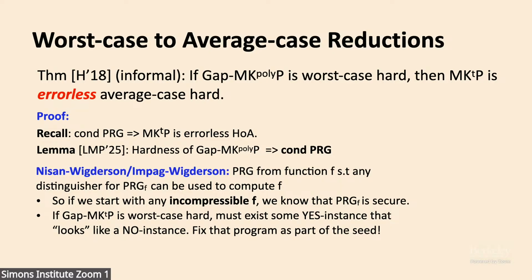If I take that thing and plug that input into the Nisan-Wigderson PRG, what will happen? It's going to be indistinguishable with respect to that attacker. So for every attacker, I have some function that can mess him up, and this function is small.